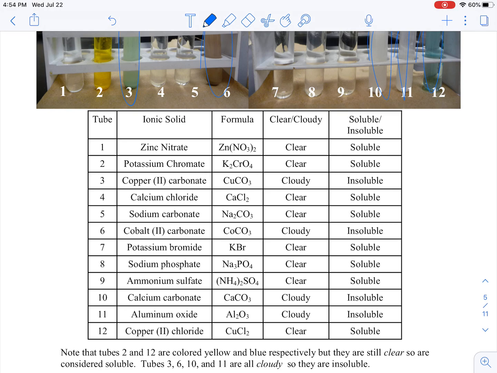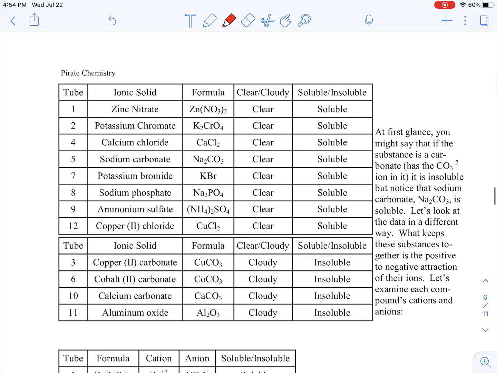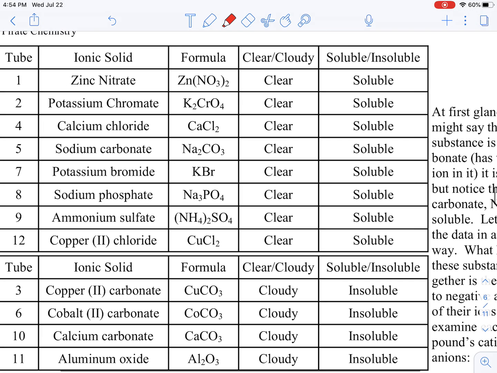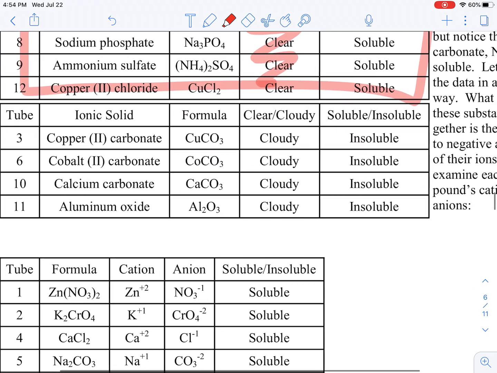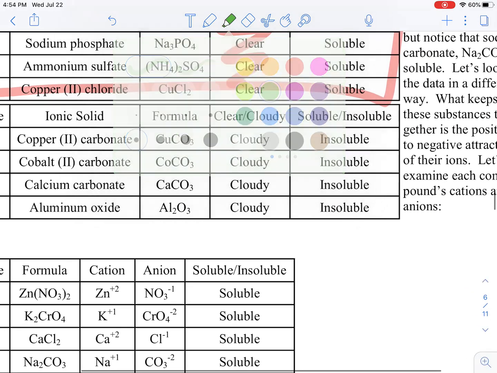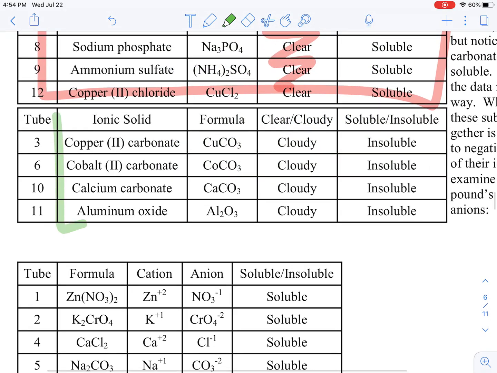So what's up with those as compared to the ones that are clear? Well, if we break them into two different groups, you'll notice this group here are all of the ones that are clear, and the ones that are here are all of the ones that are cloudy, right?